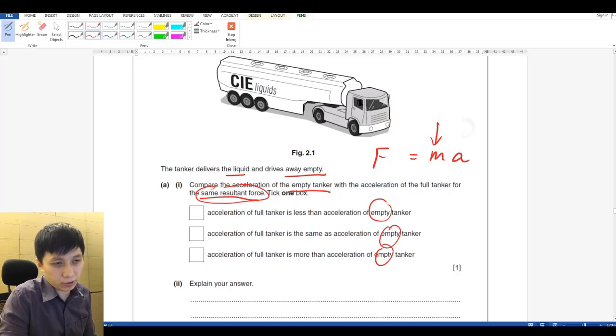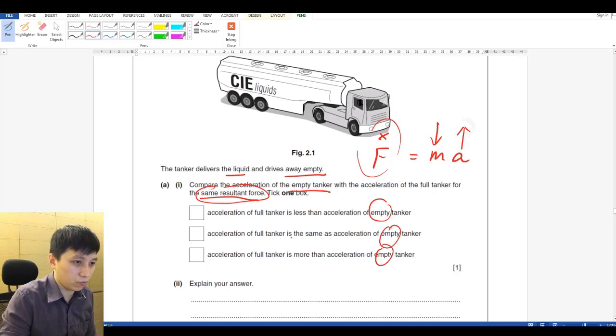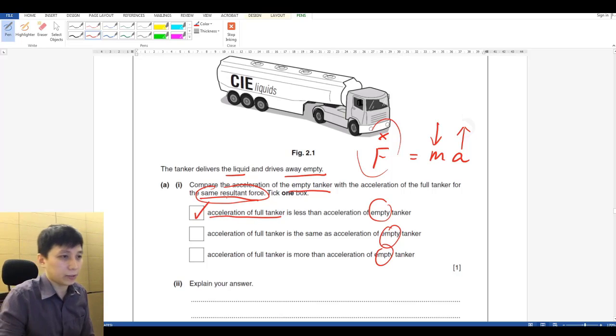So I'll put a downward arrow for m, and for F, since it's unchanged, I'll put a cross, meaning that it doesn't change. And if you look at the mathematical relationship, if the mass decreases, then a has to increase. So for an empty tank, the acceleration will be greater. The other way around, a full tank will have less acceleration. So this will be the correct answer.